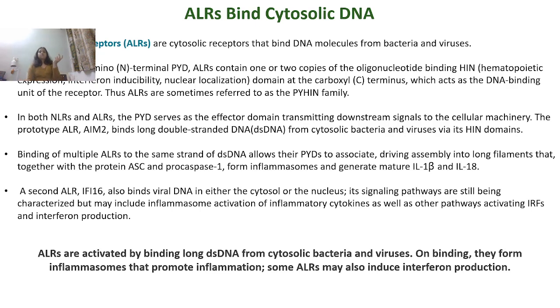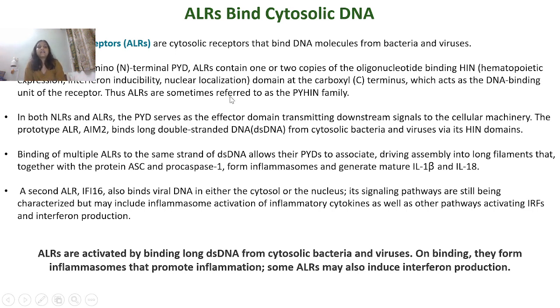So, as you saw already, different types of receptors have different domains. This also contains one pyrin domain and a HIN domain, which is involved in the DNA binding of the receptor, and they are often termed the PYHIN family because of the names pyrin as well as HIN. So PYHIN came from that.